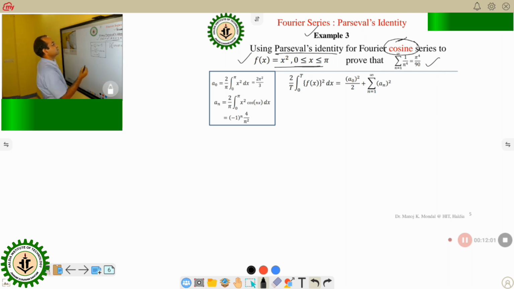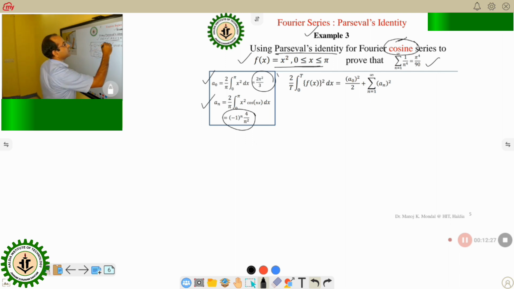So for the cosine series we know two Fourier coefficients are required: one is a0, another one is an. The value of a0 is 2 by pi integral 0 to pi f(x) dx. Its value is this, and this is just calculation using integrations. Similarly, an has this value.